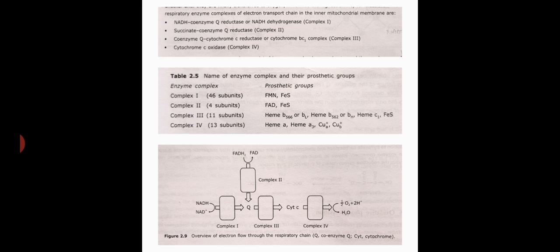These enzyme complexes are multimeric in structure and comprise prosthetic groups such as flavins, heme, iron sulfur clusters, and copper.